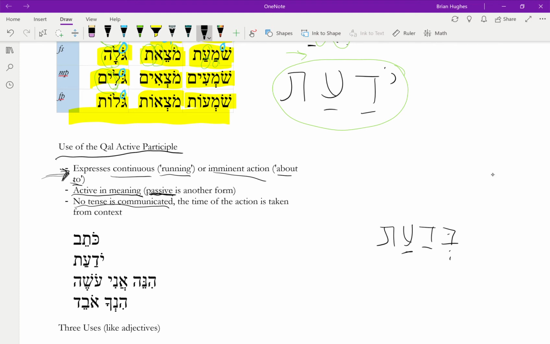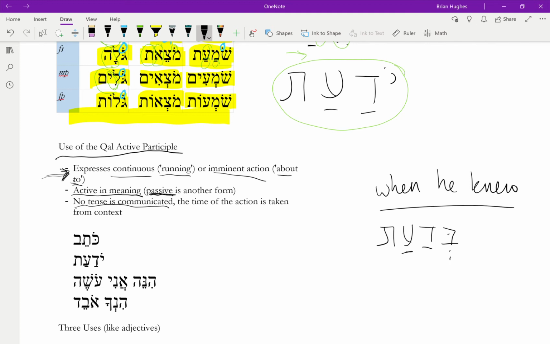So bedaat. Well, we can just assume maybe when he knew. So that would be a time marker: a bet or a kaf preposition on an infinitive construct starting a phrase is a temporal clause. You might just have something like in the morning or in the evening or in those days. That's where you're getting the time of the action from. Hebrew verbs are more concerned with the type of action.